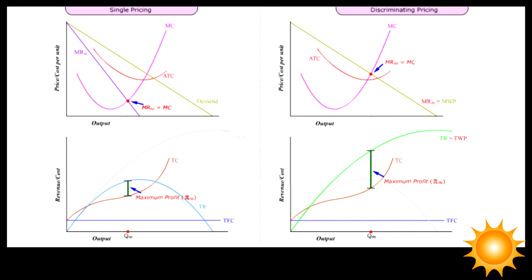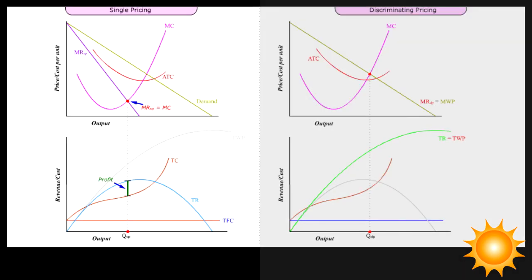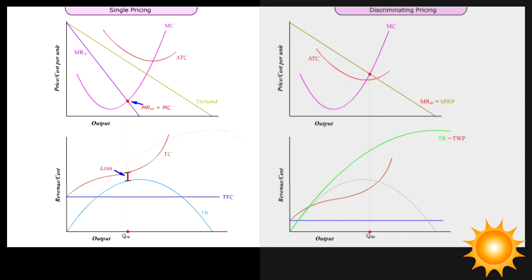Perfect price discrimination not only produces higher profit and higher efficiency, it may also be able to stay in business after it is no longer profitable for the single pricer. When the fixed cost is high, for example, TC could be entirely above TR. The single pricing firm suffers economic loss even when MR_SP is equal to MC.